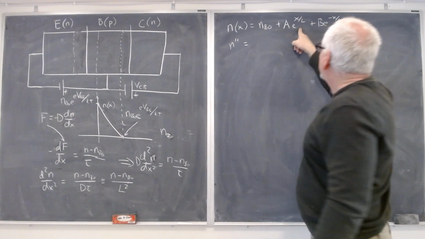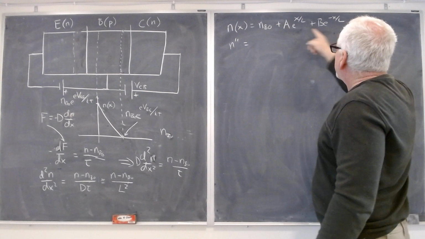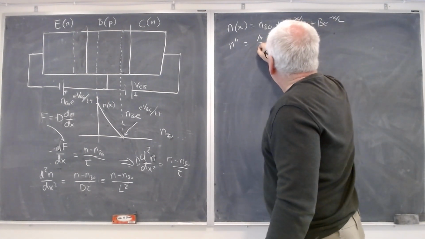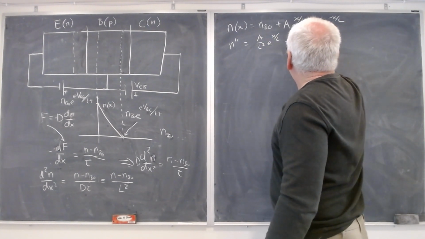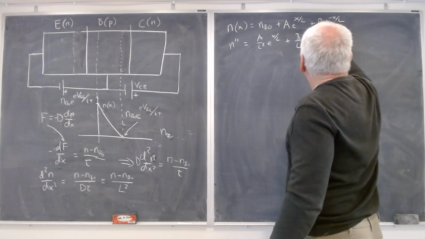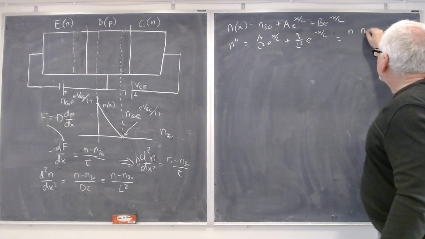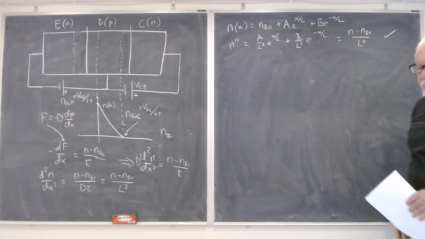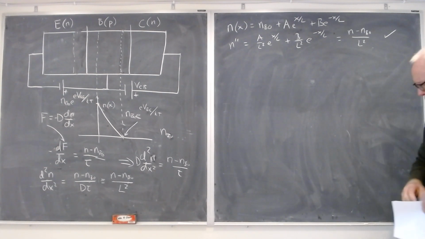When you take one derivative, you get a 1 over L and a minus 1 over L, and then you take the derivative again, you get another 1 over L. So that becomes A over L squared e to the x over L plus B over L squared e to the negative x over L. If you look at that, that's n minus nb0 over L squared. Hopefully, as you did the problem, you checked to make sure that that actually was a solution as suggested.